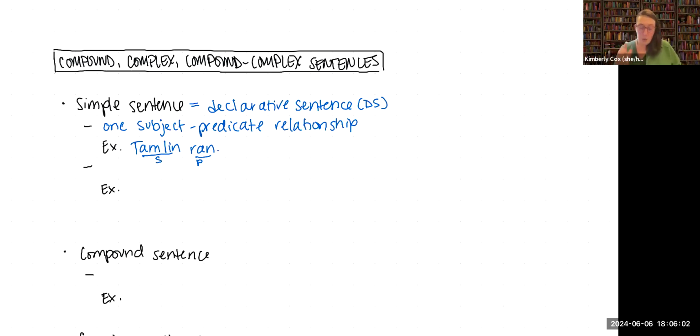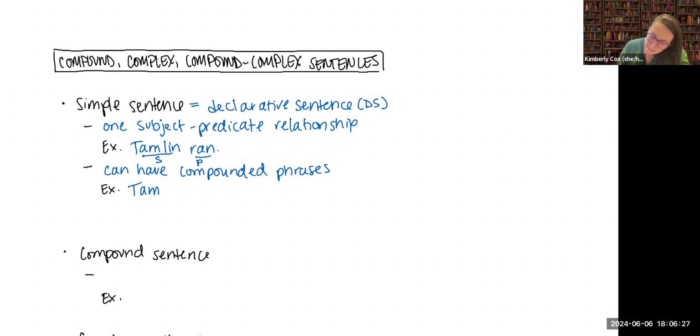One of the other things to be aware of with a simple sentence is that you can have compounded phrases. Okay. So it's not a compounded sentence, but compounded phrases. And here are a couple of examples. I might say Tamlin and Lucian ran. Okay. So I'm using that coordinating conjunction to coordinate now two subjects with this single predicate.